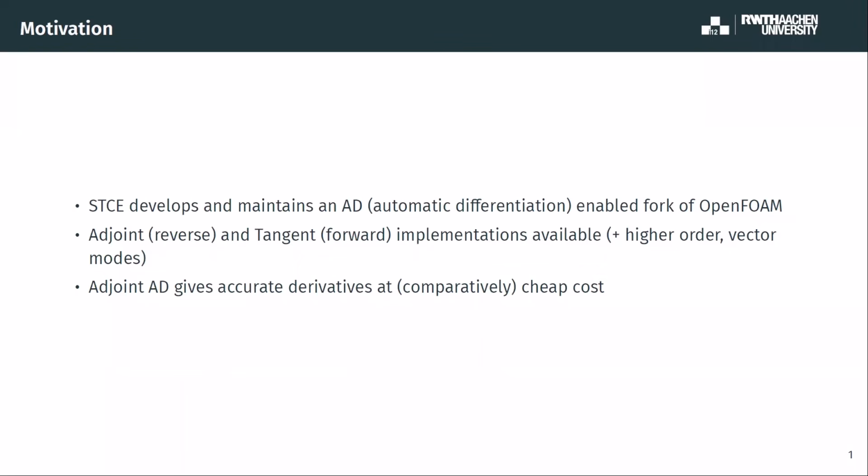And also vector modes. I'll be talking about that in a second. And what's the advantage of doing AD over something like finite differences? Well, it gives you very accurate derivatives, assuming that your primal actually behaves well, at a comparatively cheap cost.